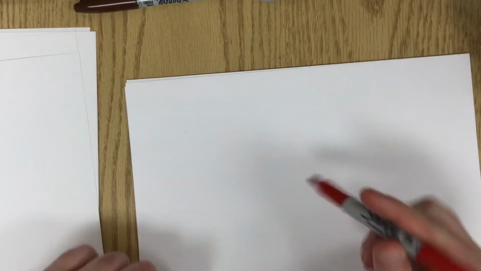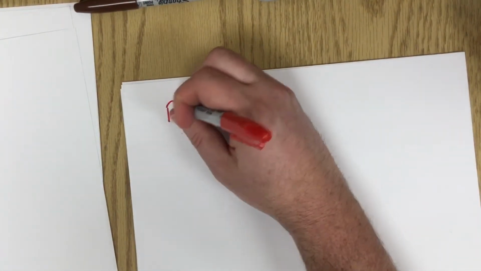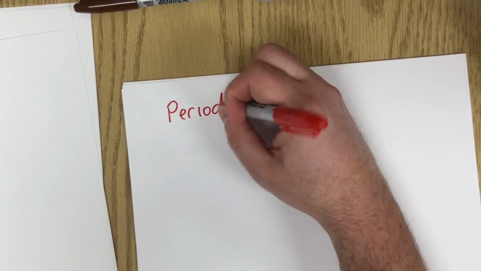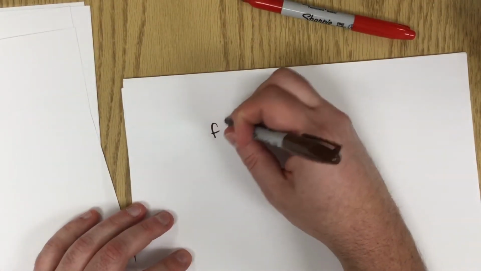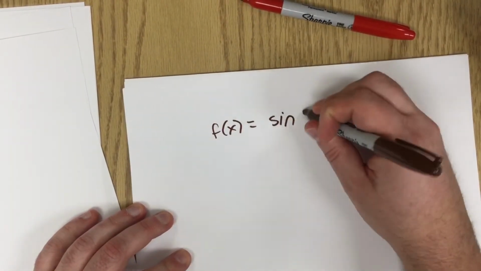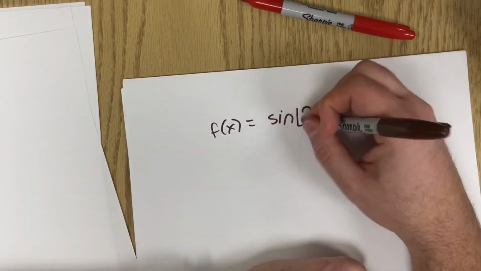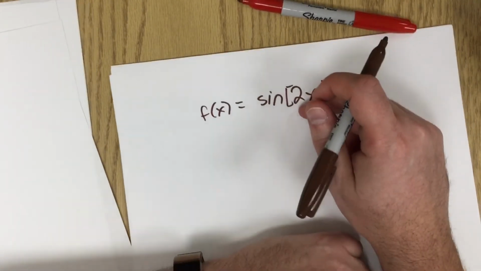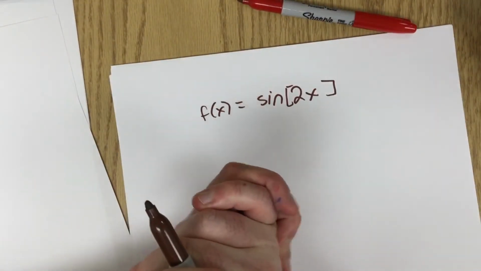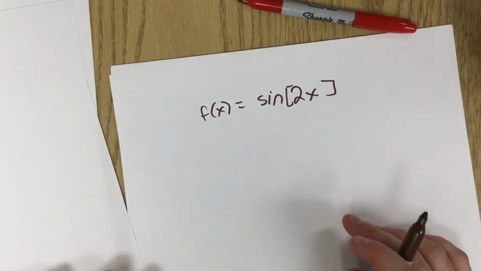Now I'm just going to give you the formula for k. Before that, let's say we had f of x equals sine of 2x. What we have here is a horizontal compression. It's inside the bracket, so it's a horizontal compression, which means it's squished together.